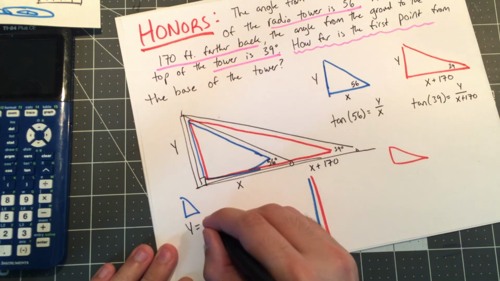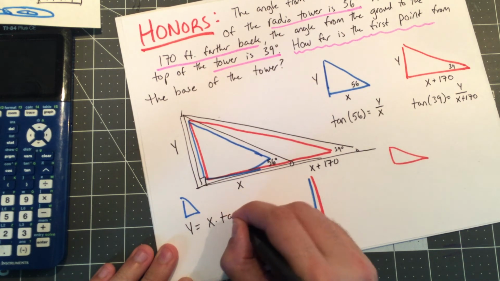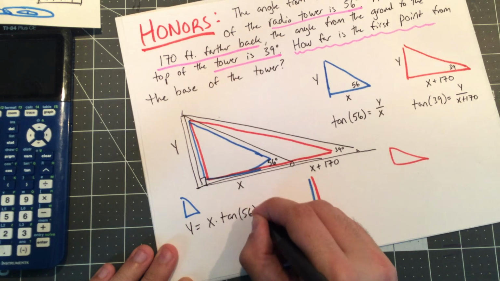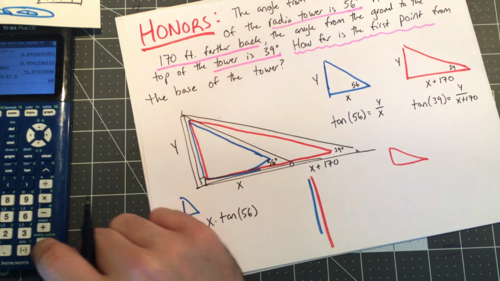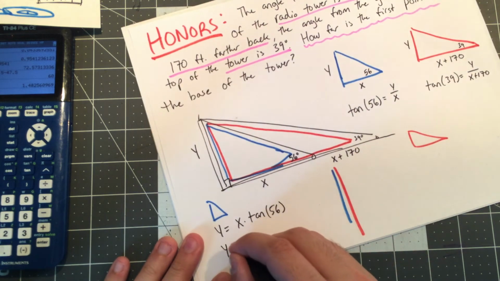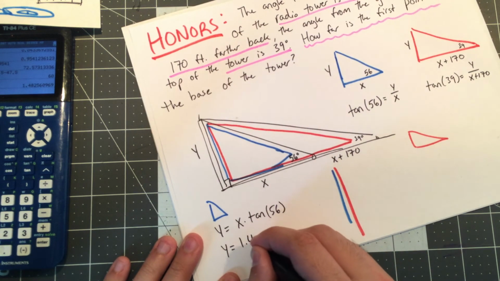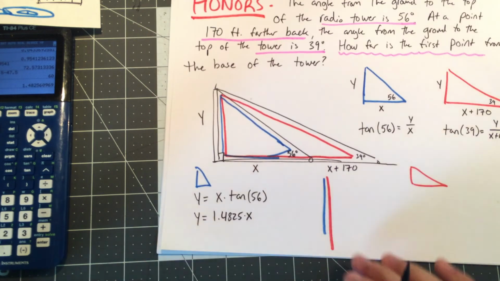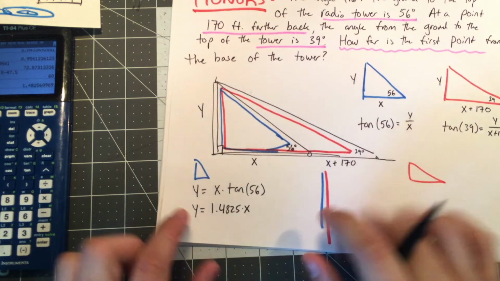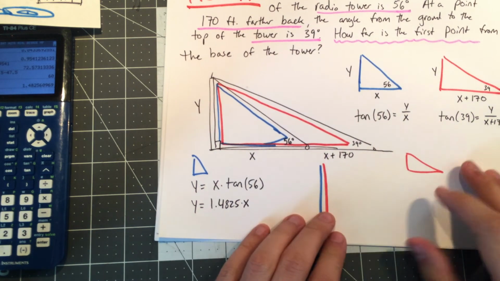Y equals x times the tangent of 56. And I'll just turn that into a number while I'm here. I don't want to keep carrying that around at the moment. You could. Y equals 1.4825x. Okay, that's my blue triangle. It's not an answer, but it's another way to think about it.